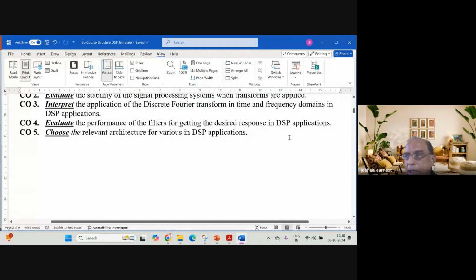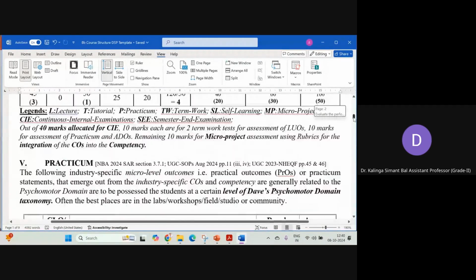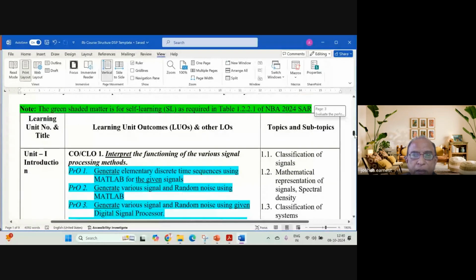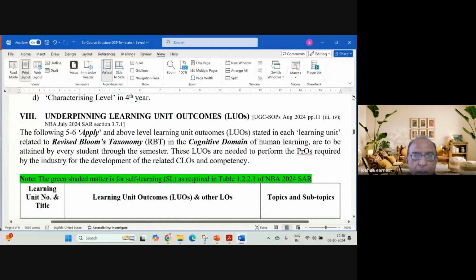Now I'm going to show you how the LUOs are developed. Are you all following me? Yes, sir. Now look at this. What are the LUOs? The following 5 to 6 apply. Here, the LUOs, the cognitive domain outcomes, are only for the revised Bloom's taxonomy in the cognitive domain.